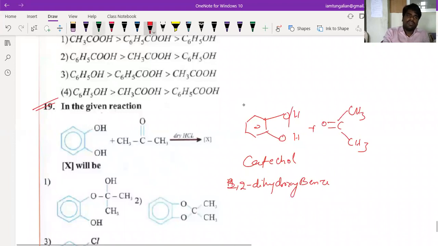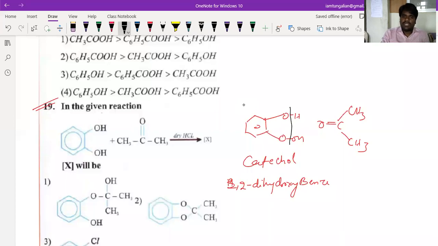Here elimination of, what happens here? This is your cresol, and this is your alcohol. Here what gets eliminated? This particular fraction will be removed in the form of water.